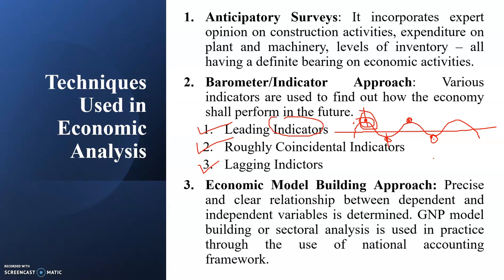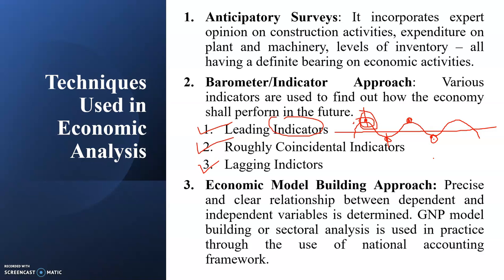Next, we have roughly coincidental indicators. Some examples are manufacturing and trade sales. In whatever direction the economy is going, if the economy is at a very high point, the manufacturing will also be high. If the economy is at a very low point, the manufacturing will also go down.